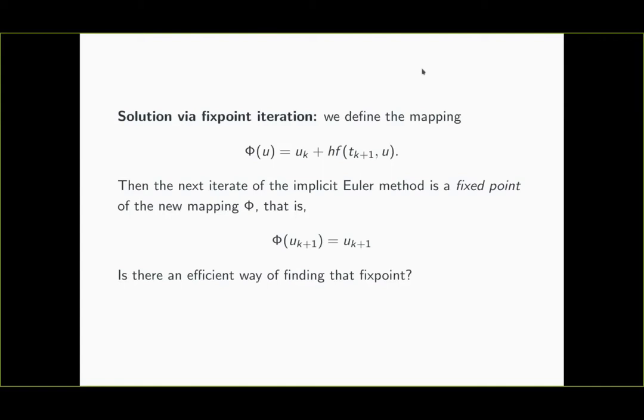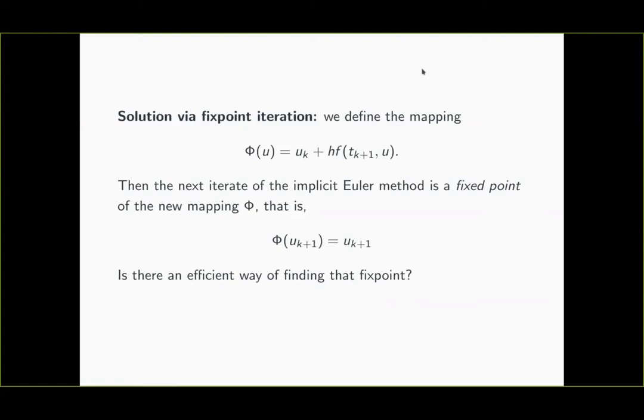In our case, let's take a look at the mapping phi of u, which is defined as uk plus h times f of t_{k+1}, u. So u is the input variable, and the output is uk plus h times f of t_{k+1}, u. This mapping is just right inside the defining equation of the Euler method. Now every solution of the equation in the implicit Euler method is a fixed point of that mapping phi.